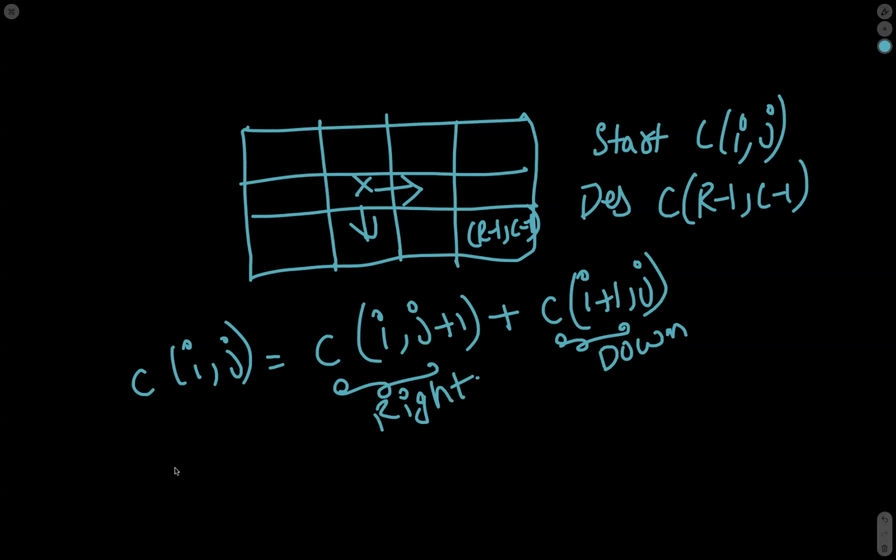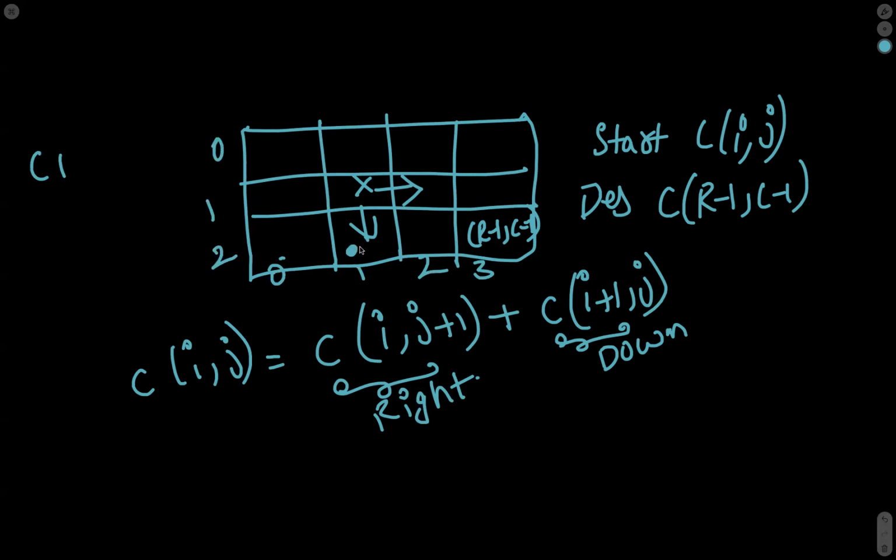Now the next thing is we need to look at our base cases. Think that if you are starting at this cell, how many paths are there, where C of I comma J is my start? The indices are 0, 1, 2 and 3 for columns, and 2, 1 and 0 for rows.